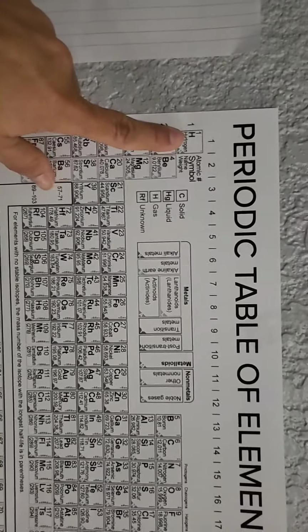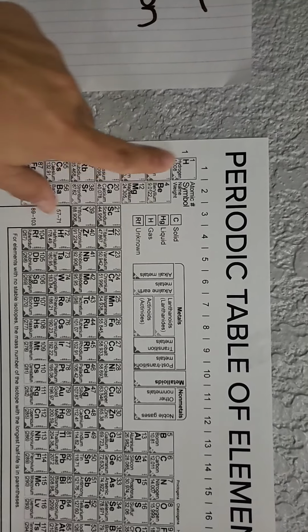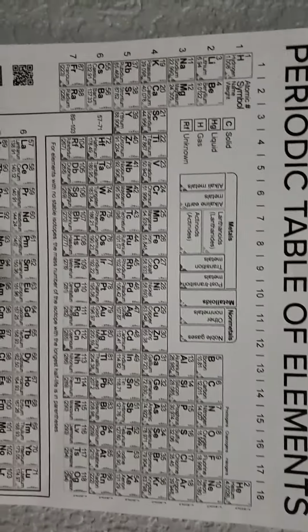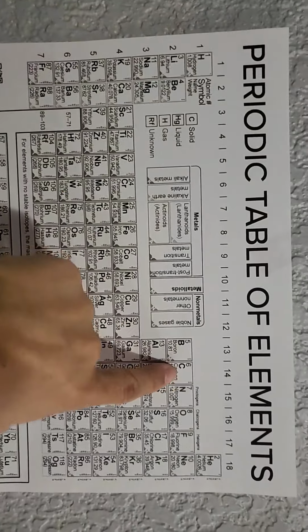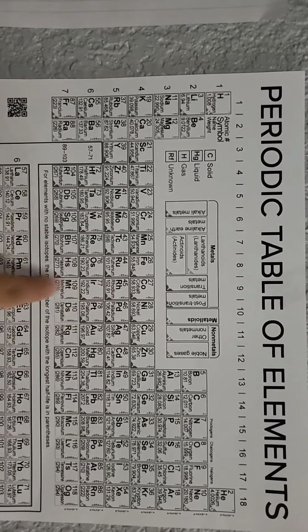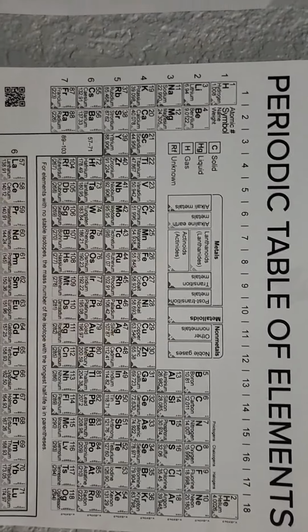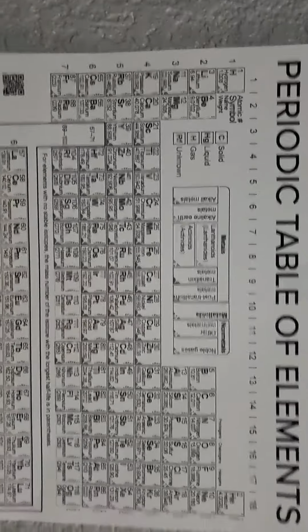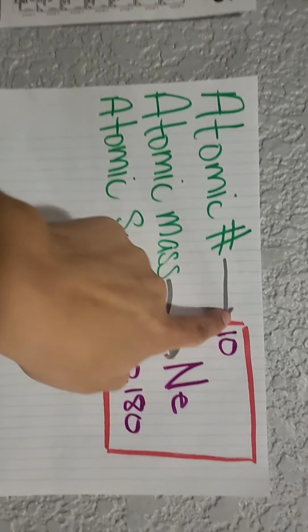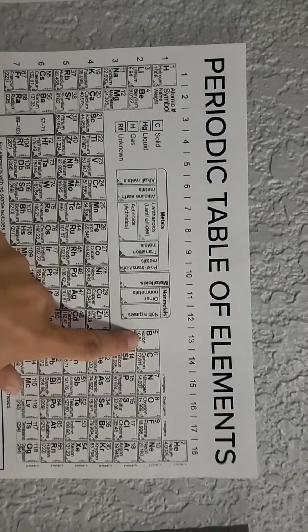So each one has a little box, and there's a bunch of information in the little box, okay? We've got some that you know: hydrogen, carbon, nitrogen, oxygen, okay? Cobalt, maybe you've heard of, iron, silver, gold, okay? Each one has its own little box.